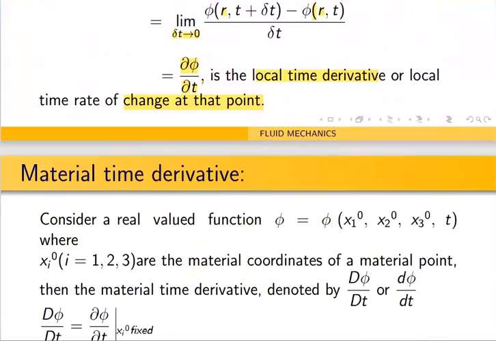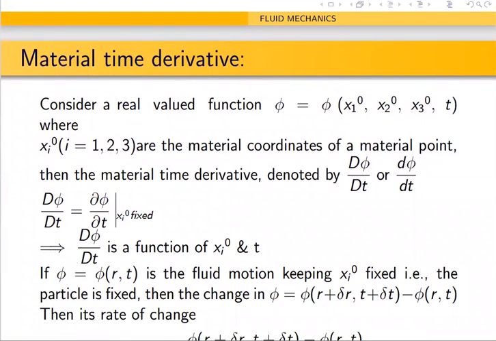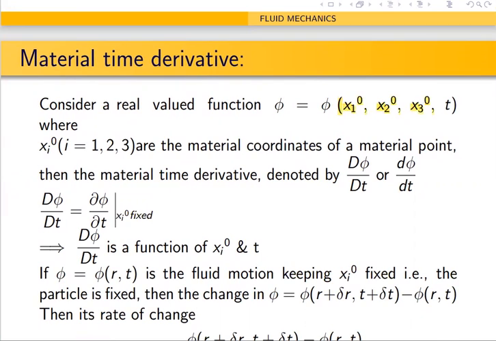Let us see what is material time derivative. Consider that same function phi. Now here phi is a function of xi naughts and t. Xi naughts are the material coordinates of that material point. Then the material time derivative is denoted by capital D phi by dt or small d phi by dt.